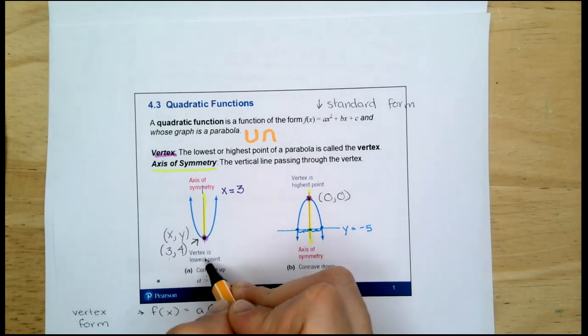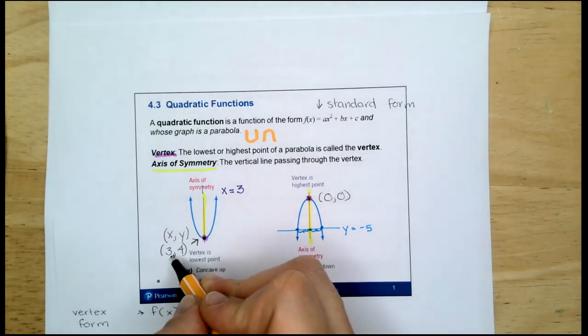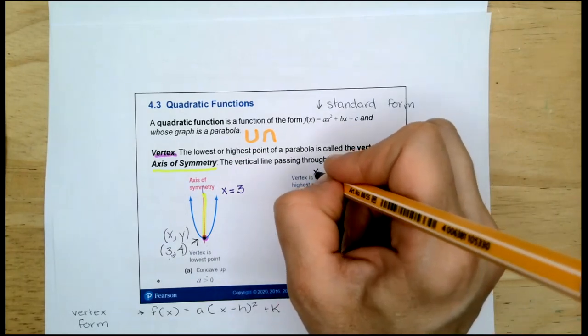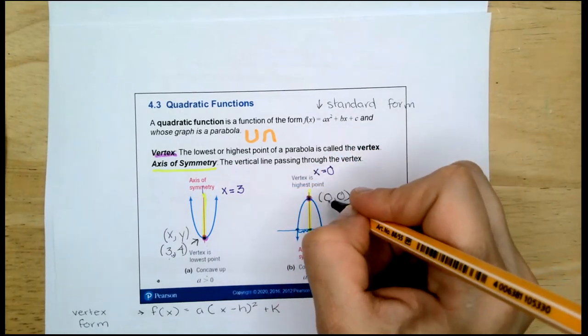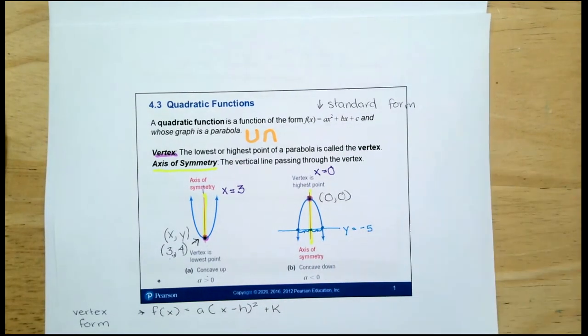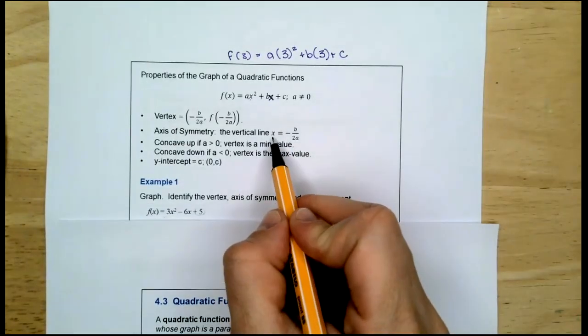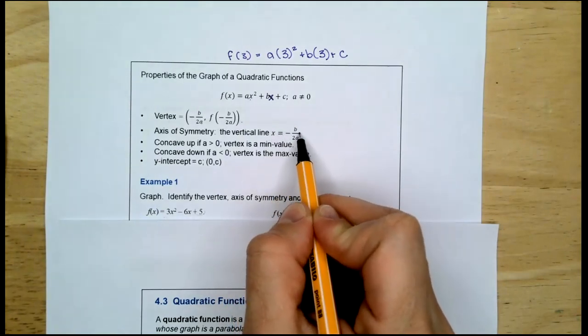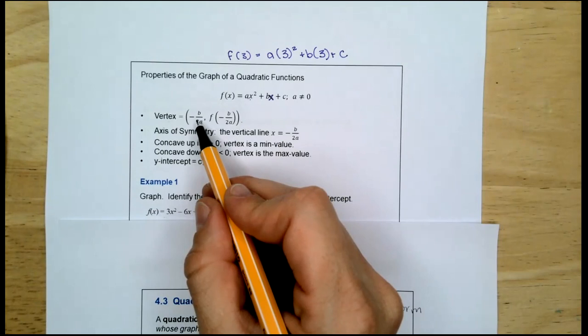It's going to cross our vertex, or the x value of our vertex is 3. So here, the axis of symmetry is just going to be x equals 0 because the x value of my vertex is 0. Okay, so that's all you ever have to do to find the axis of symmetry. It's the vertical line x equals, and then that's the exact same value as your x.